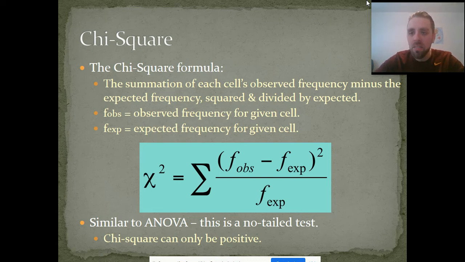Because you do not have any possibility to maintain negatives after the squaring happens. So in a no-tailed test, we will reject the null hypothesis in a situation where our observed chi-square is larger than the critical chi-square.